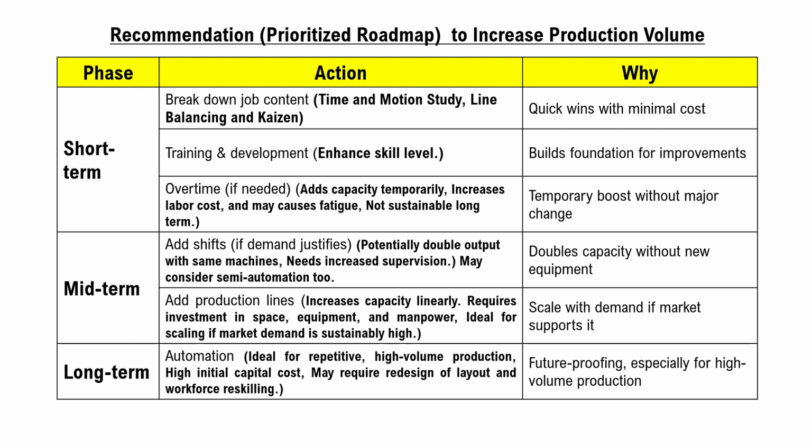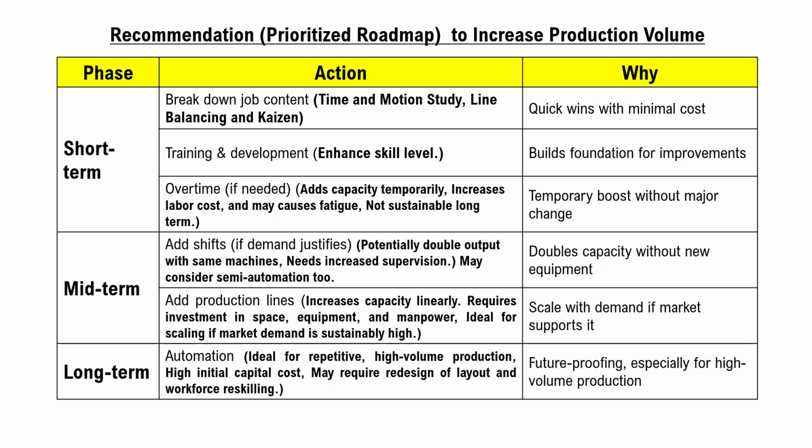Now we come to the action plans: recommended strategies and an action plan to increase production volume, on the basis of short-term, medium-term, and long-term strategies. Our action plans for the short-term strategies are: number one, break down the job contents using time and motion study, line balancing, and Kaizen.